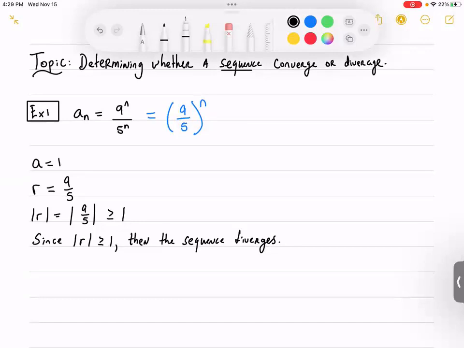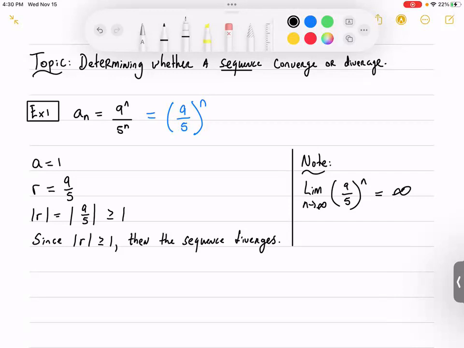Another thing you can make a note of is that if you look at the limit as n approaches infinity of (9 over 5) to the n power, this limit is equal to infinity. Now, because it equals infinity, is infinity a real number?